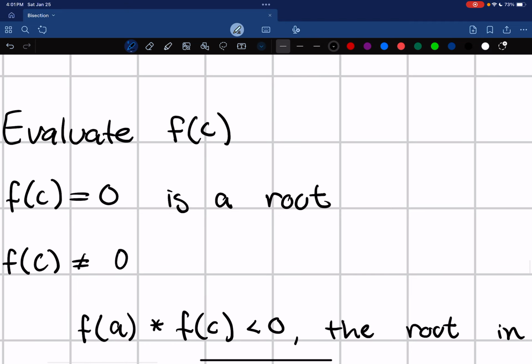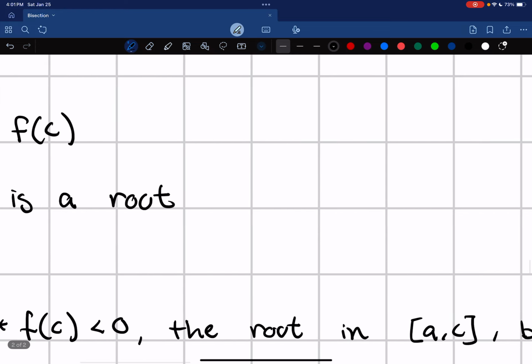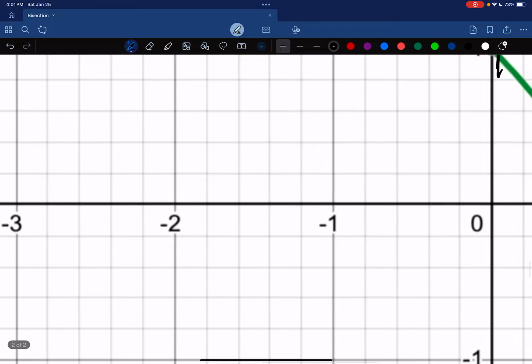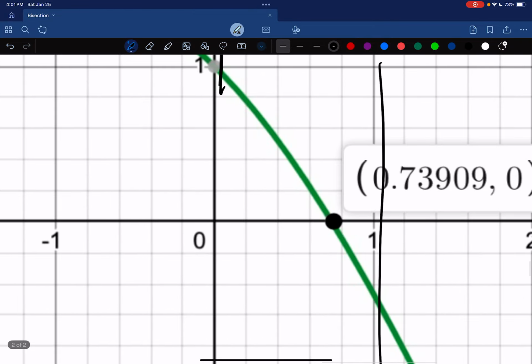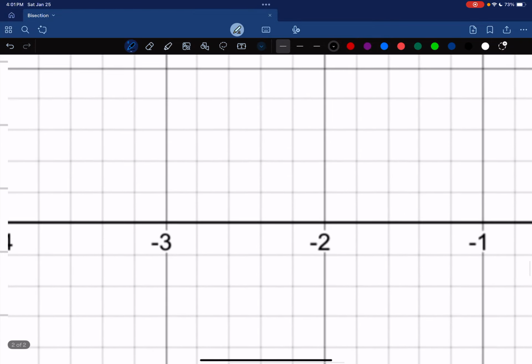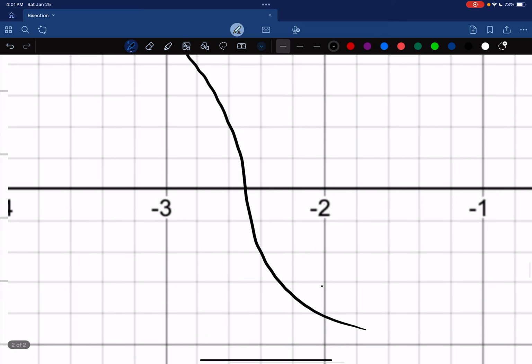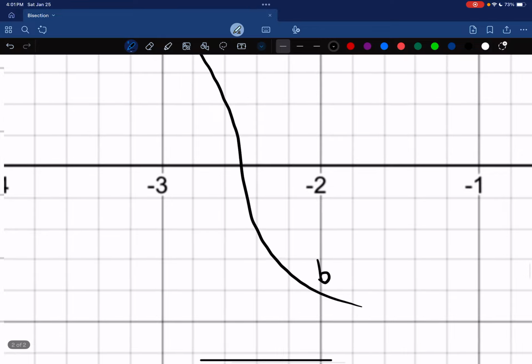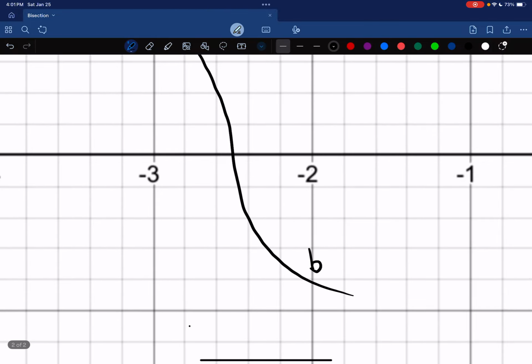If that value is 0, when do you get 0 actually? Let's say my function is between, okay, let's do it between -3 and -2. Let's say my function goes something like this. This is my B, this is my A, at -3 and -2. To calculate my C, that equals A plus B divided by 2.